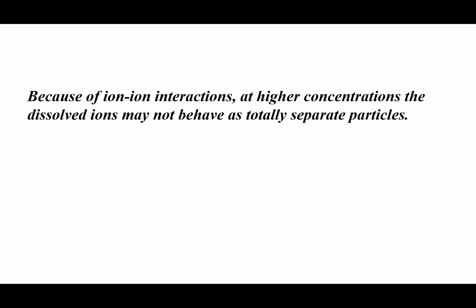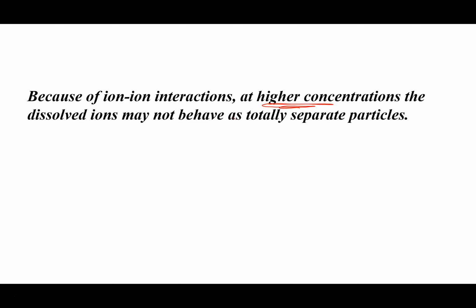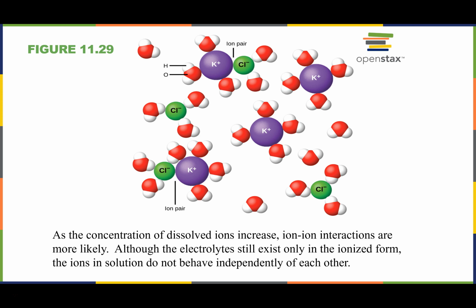All right, so here's the deal though. As our concentrations become higher and higher, our ionization or dissociation might be more limited. So they will not totally separate. Keep that in mind.